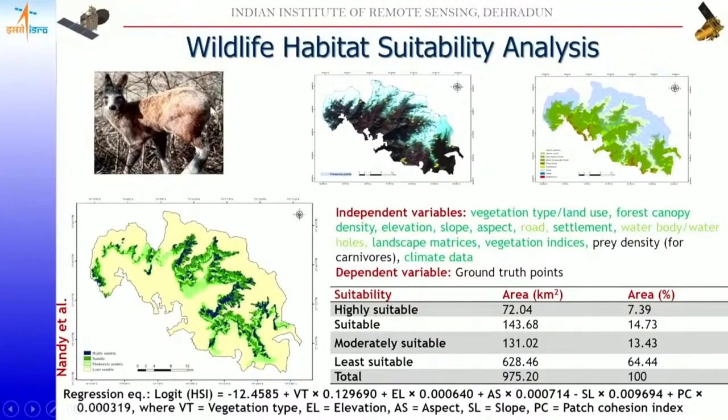Based on the regression, we can assess what will be the highly suitable habitat for a particular species, the moderately suitable or the least suitable area for the distribution of a particular species. This is important in biodiversity studies, because if you know the highly suitable area for a particular species, then we can do the conservation exercises for that species or the management for its conservation.